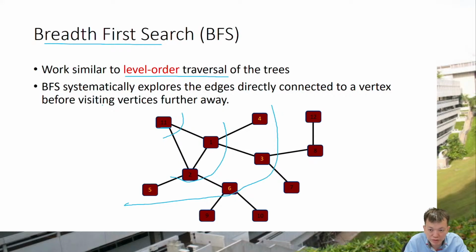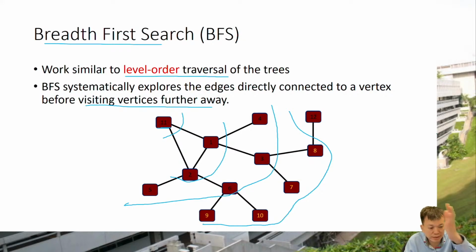So you want to visit the vertices further away. After you visit 4, 3, 6, 5, I expect that you will go to visit 8, 7, 9, and 10. You can see that you are trying to visit vertices further and further away from 11, the initial vertex. The distance from 11 to 1 is 1 edge. Then after you visit 1 and 2, you start visiting the vertices 2 edges away from 11, which are 3, 4, 6, and 5.